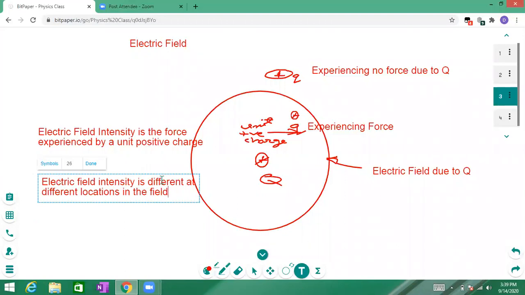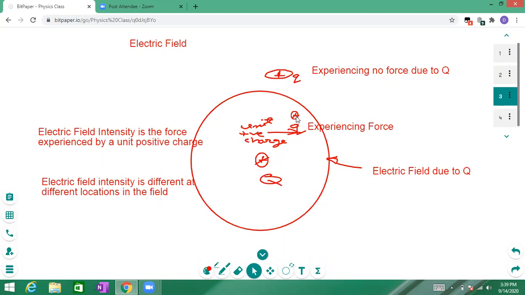You see, again, I am going back to this picture. This is the electric field due to the charge capital Q. Within this electric field, a charge small q is placed. We assume the small q to be a unit positive charge, but it is not necessarily that. Suppose small q is not a unit positive charge.